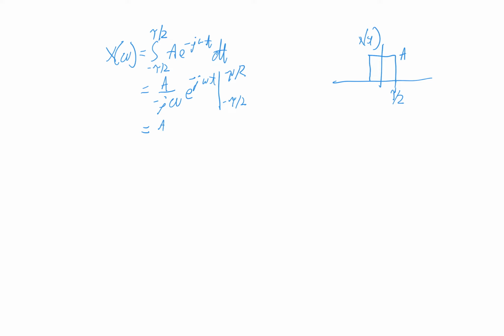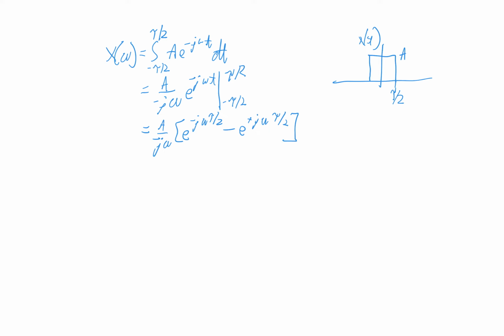So let's work it through. So I have e to the minus j omega tau over 2 minus e to the minus j times omega times minus tau over 2. So it'll be e to the plus j omega tau over 2.